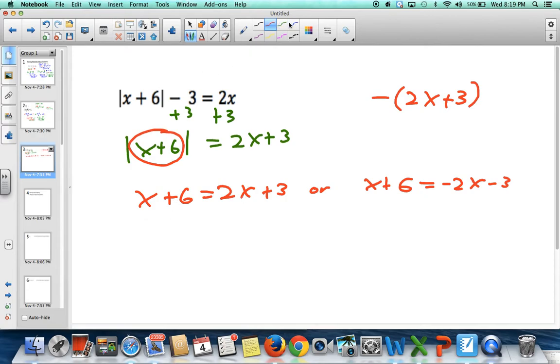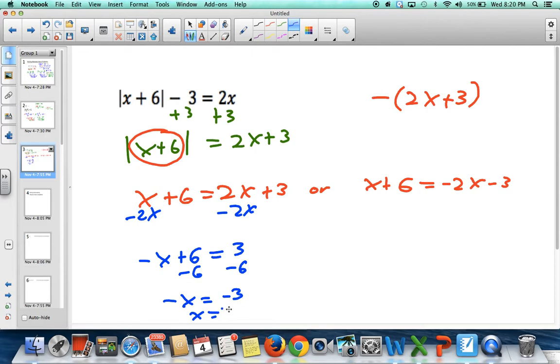There's a couple of methods to do this. I'm just going to get all the x's on the left side. So I'm going to subtract 2x from both sides. That becomes negative x plus 6 equals 3. Subtract 6 from both sides. Negative x equals negative 3, so x equals 3. That's one possible solution.